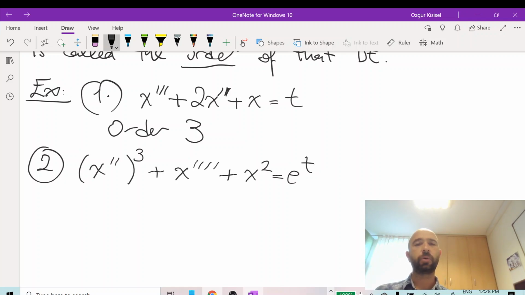Let's write some other equation like this. This time I have x prime prime cubed and then x to the 4th derivative. This is order 4. Taking powers, I don't care at all. It's the number of derivatives that you have that's important. The highest derivative appearing is the 4th derivative. Here you have the cube of the second derivative, but still that's about the second derivative. What we're interested in about order is the highest number of derivatives around.